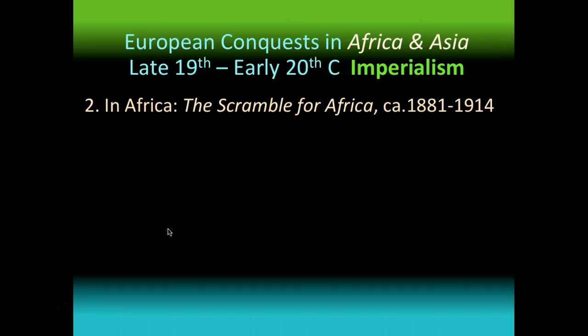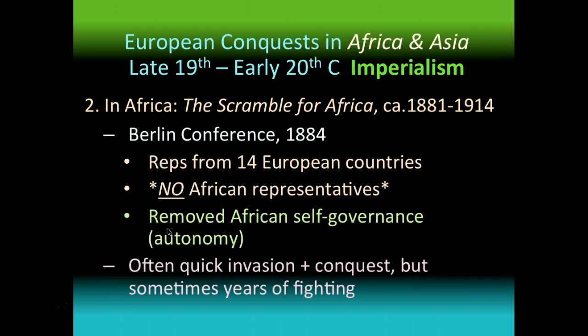But this scramble for Africa, known as the Race for Africa or Partition of Africa, was again the attempt of Europeans to annex African territory during that new imperialism period, again 1881 till 1914. And a turning point was what was called the Berlin Conference in 1884.